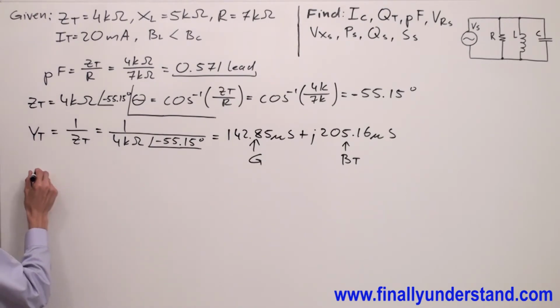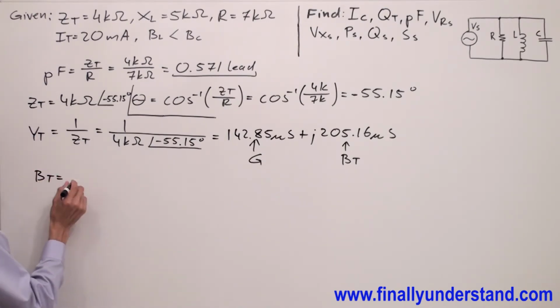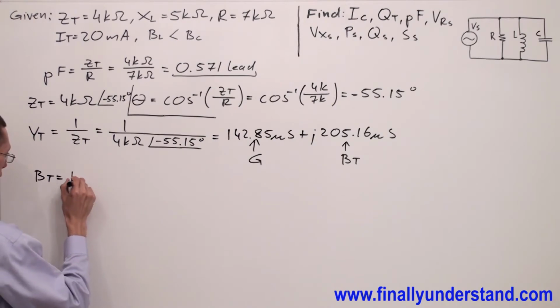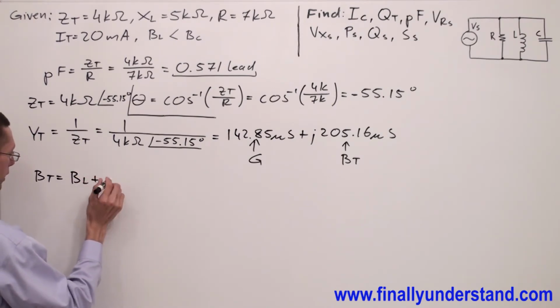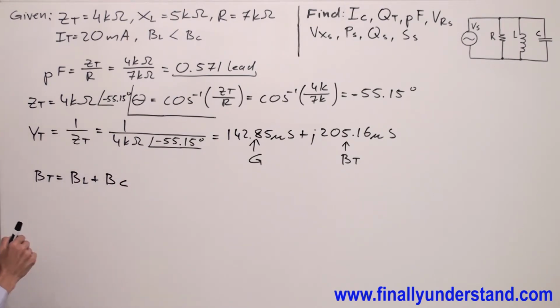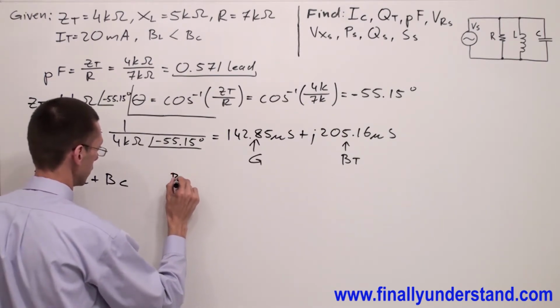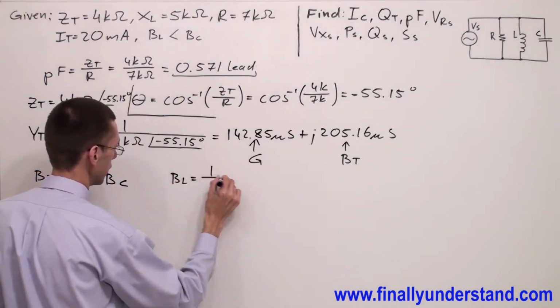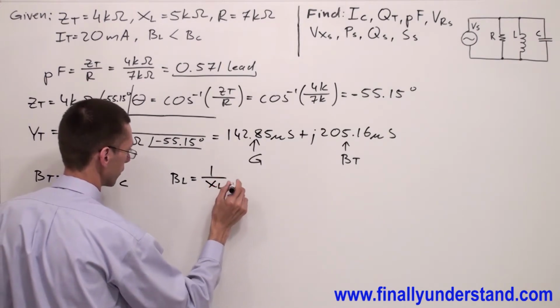So what I'm supposed to do? I'm supposed to realize that BT is equal to BL plus BC. Now, but we do not have BL yet. So what we're supposed to do is find BL. BL is equal to 1 over XL.